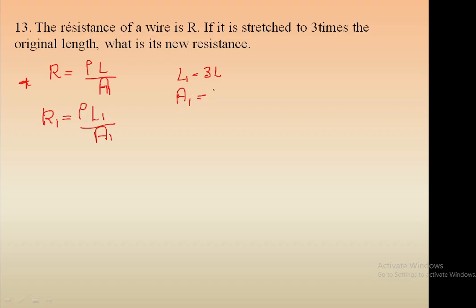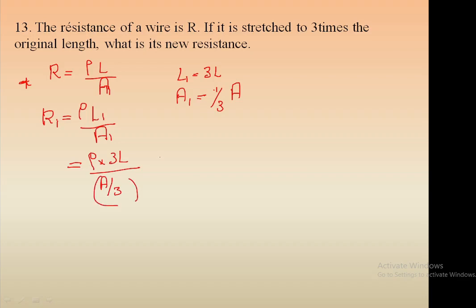So A1 is equal to 1/3 of the original area. So let us substitute: R1 is equal to rho into L1, that is 3 times of L, divided by A1, that is 1/3 of A.